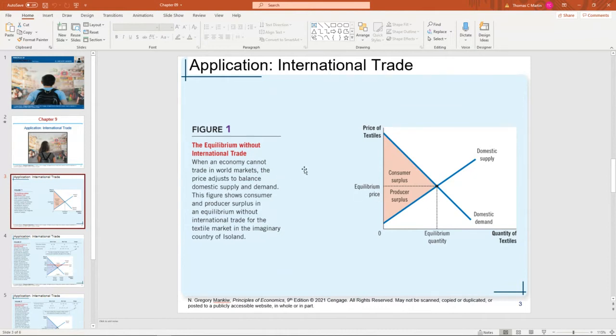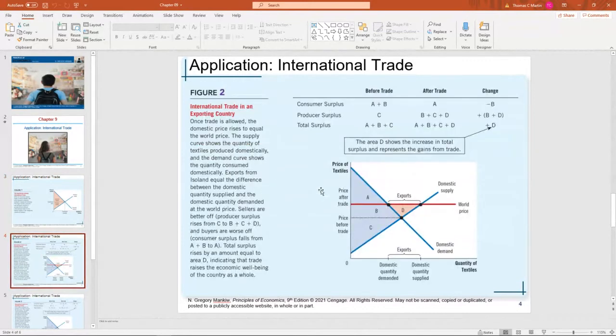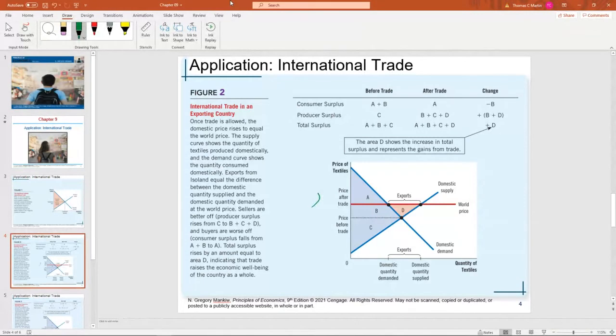But what we're going to introduce here is what we call the world price. And when we see the world price, we can see this world price is above equilibrium. So being above equilibrium, if we look at this point right here, this is the number of sellers that can produce a product at least break even.